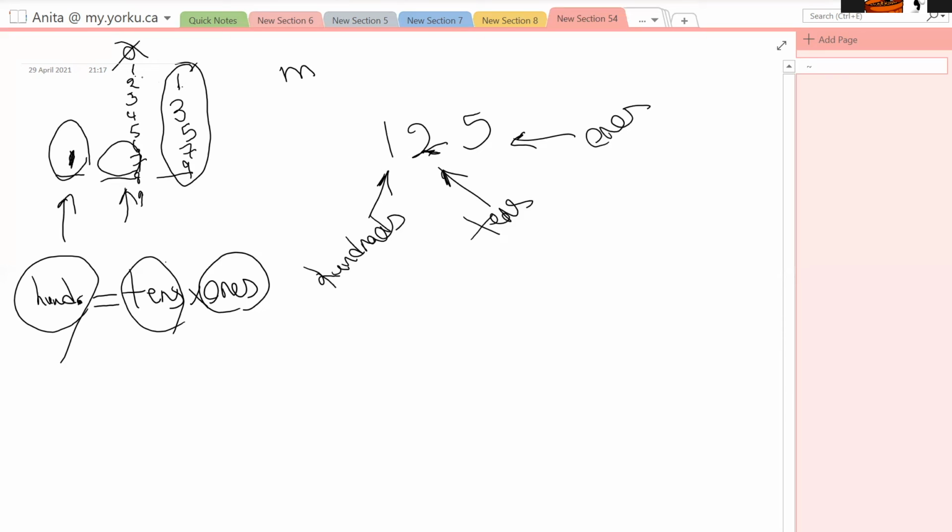Or 1 times 3 is 3, so the number could be 3. So in the case of 1, the number is going to be 111. In the case of 3, it's going to be 313.